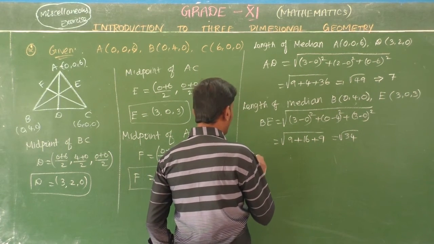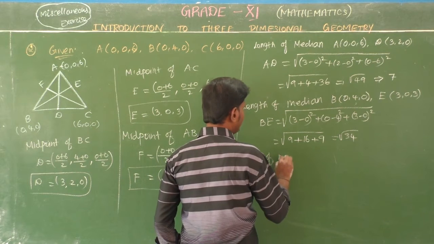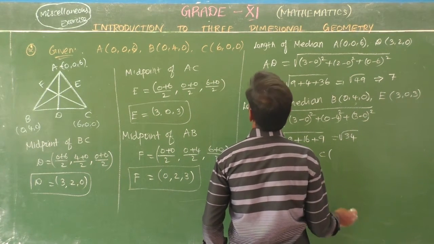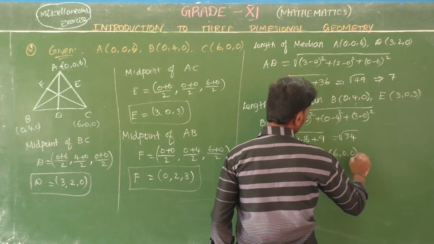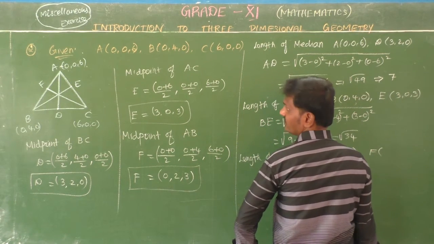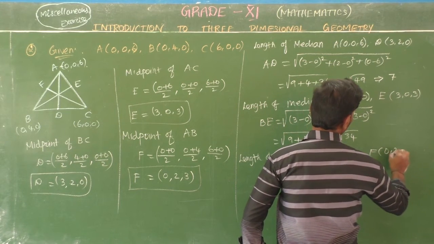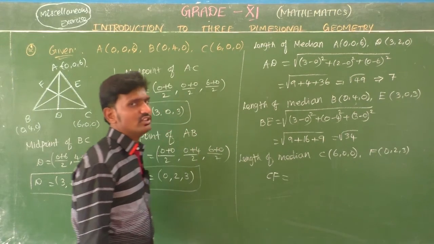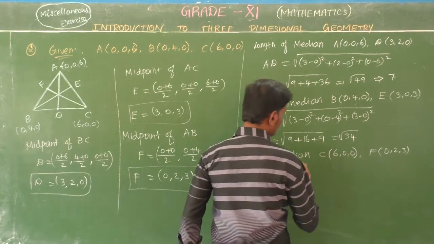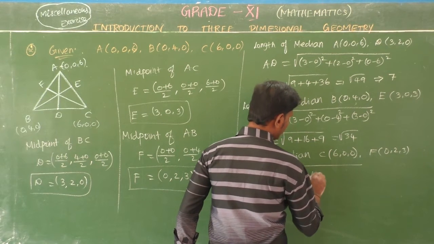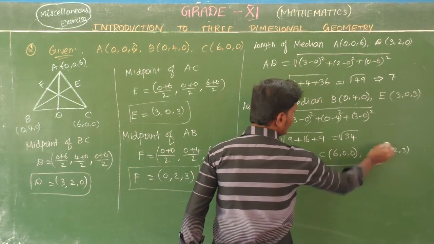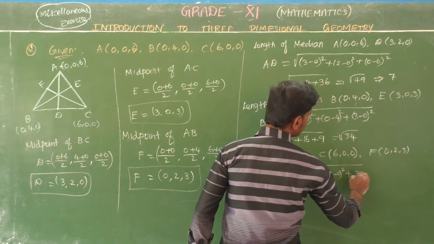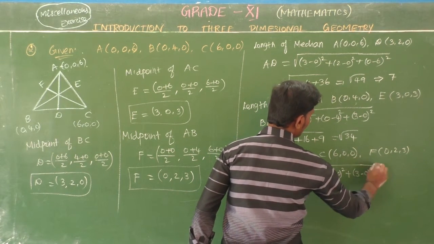Finally, the last median, CF. The point C is (6, 0, 0) and F is (0, 2, 3). CF equals the square root of (0 minus 6) the whole square plus (2 minus 0) the whole square plus (3 minus 0) the whole square.